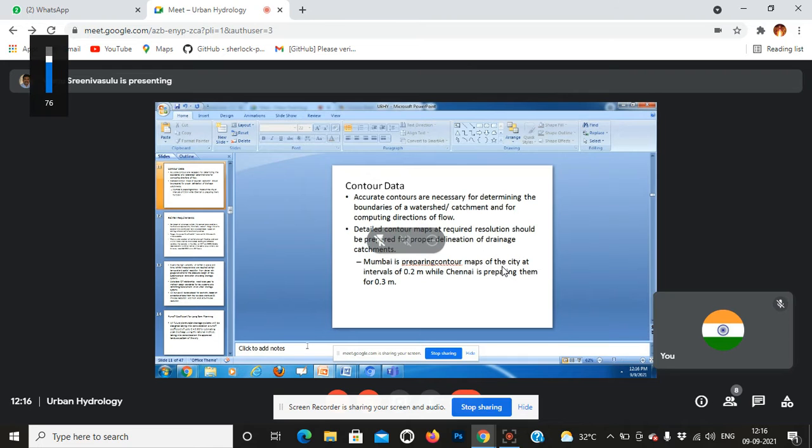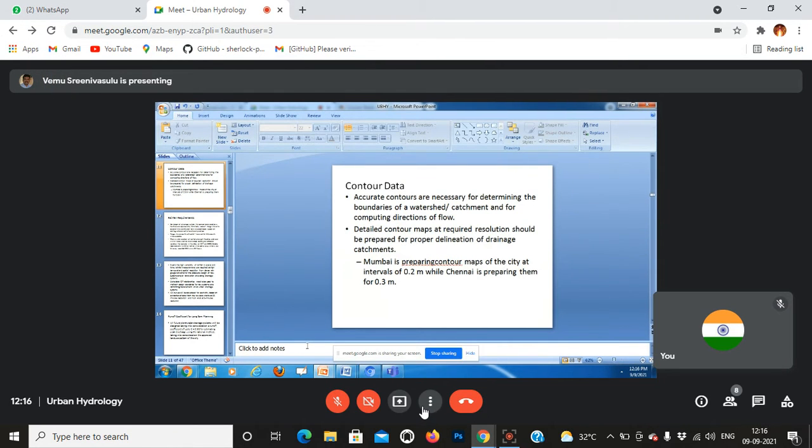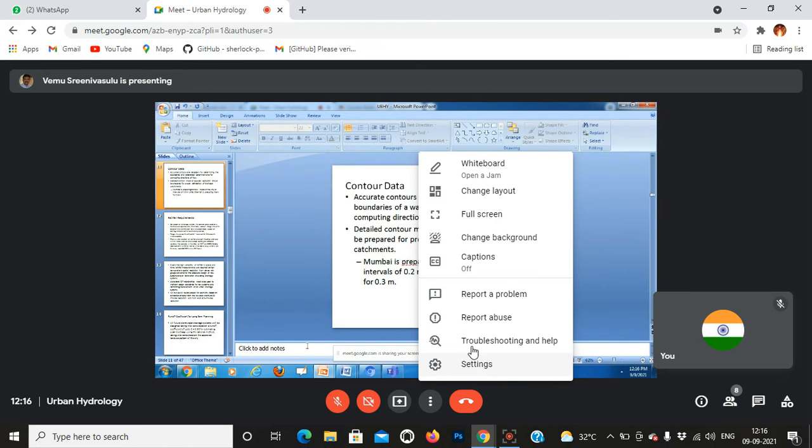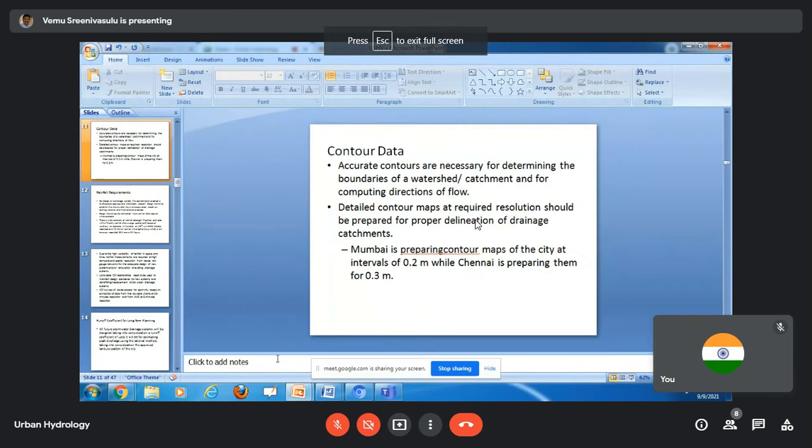Overall, if you ask me to explain very briefly what urban hydrology is about: first, for a given municipality or a city, this city or town falls in a catchment area.